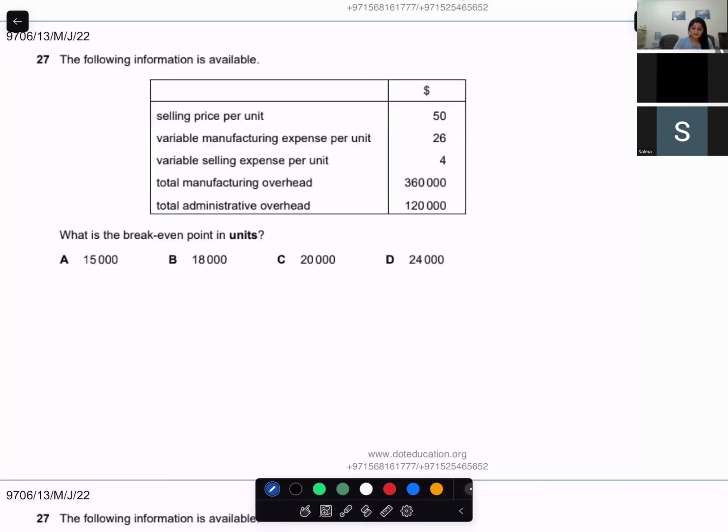You have to calculate your break-even point in units. Yes, miss. The break-even point formula is total fixed cost divided by contribution per unit. The total fixed cost is total manufacturing overheads plus total administration overheads, which is 480,000.